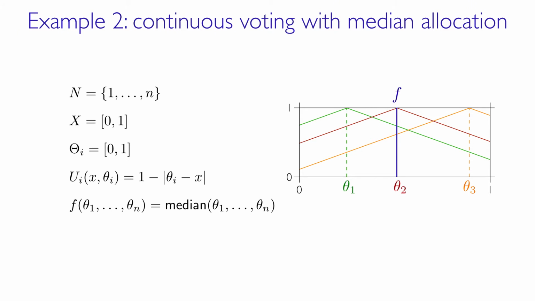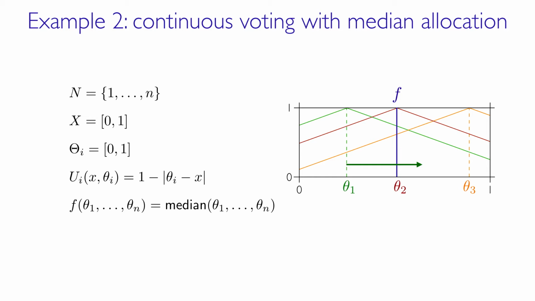Consider the example of continuous voting when the allocation is the median. In this case, obviously, player 2 will never misreport her type, given that the social choice function is returning the best outcome for that player. Focus instead on player 1. The only way with which that player can change the outcome is to report a type that is larger than θ2. In this way, θ2 is not the median, but the median will be θ1.